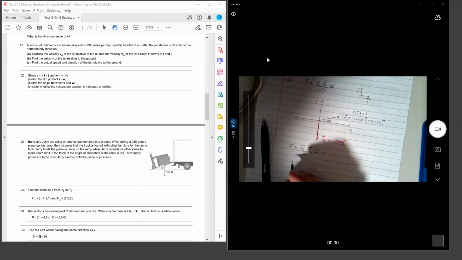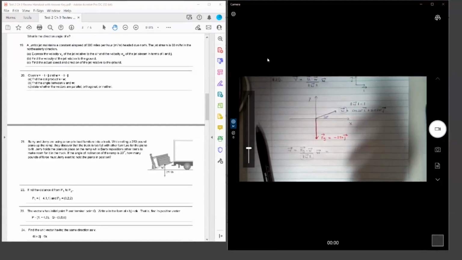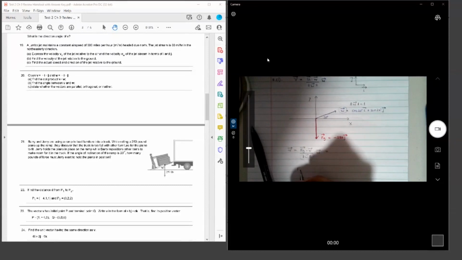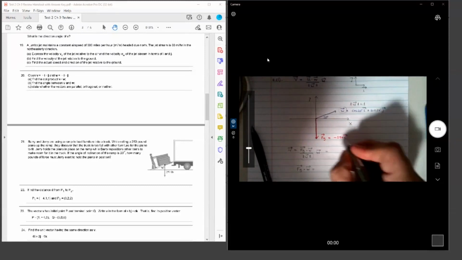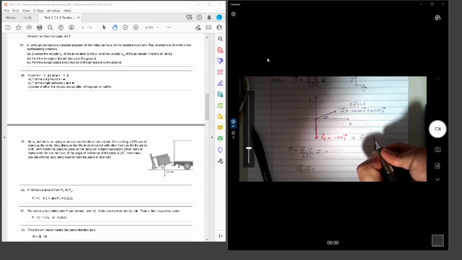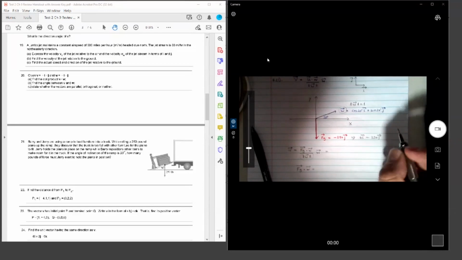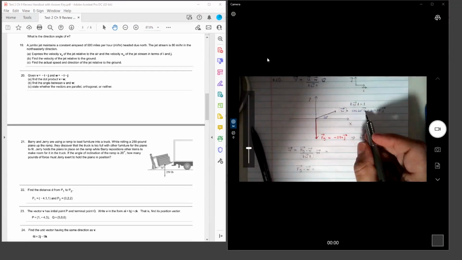So I'm going to do it on the side here. See if I can make this a little bit better. So F dot W is equal to, well, in this case, let me write it like this. 0I minus 250J. So in order to perform the dot product, we go ahead and multiply the I components.